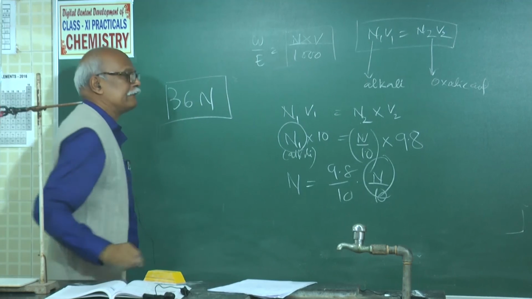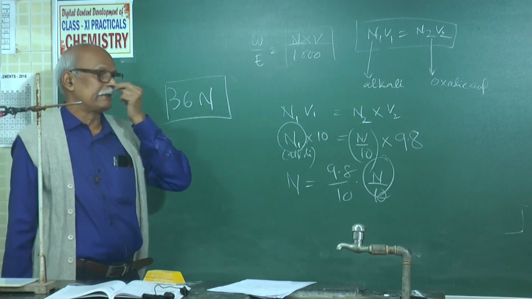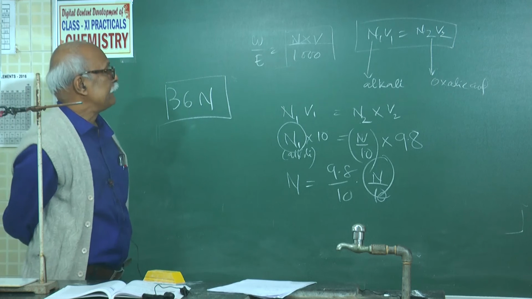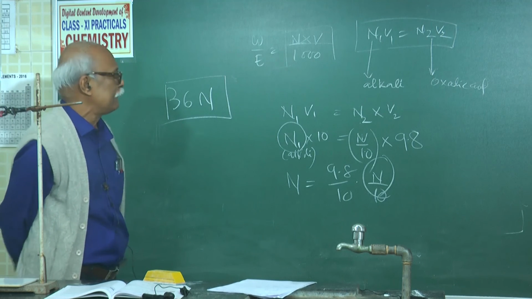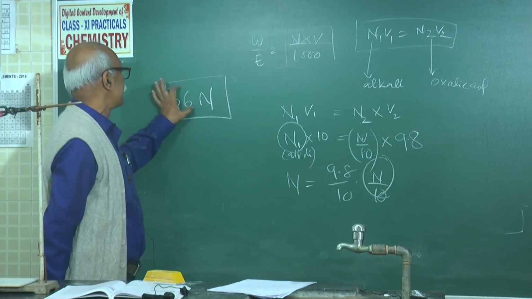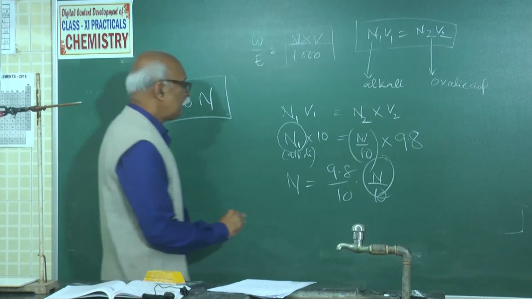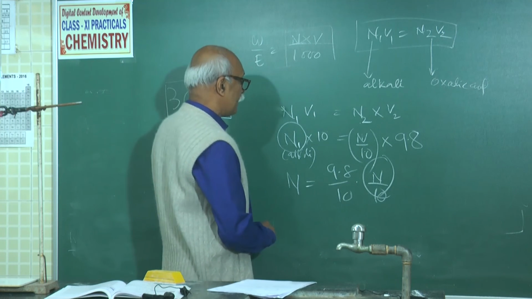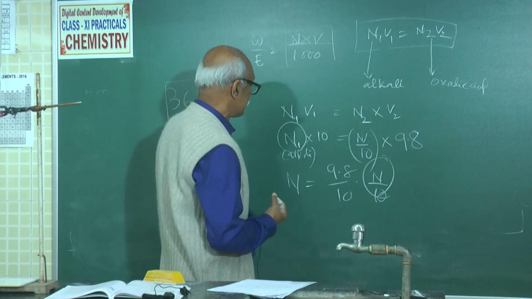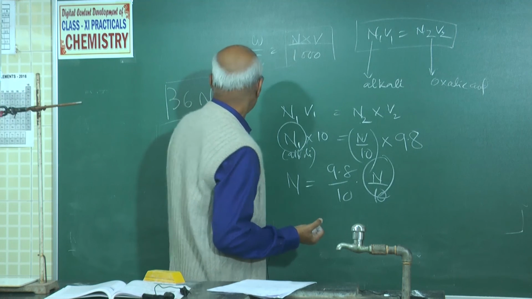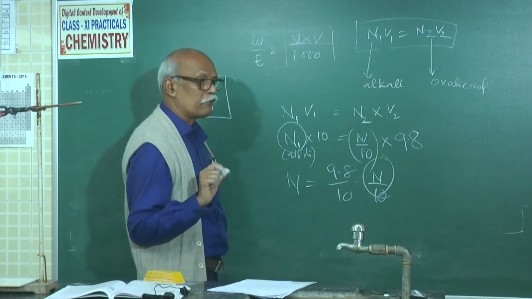Among all these acids, concentrated sulfuric acid is very strong, 36 normal, and hydrochloric acid is 12 normal or 11.5 normal. Sulfuric acid is called oil of vitriol, a very viscous acid, just like glycerin, due to intermolecular hydrogen bonding.